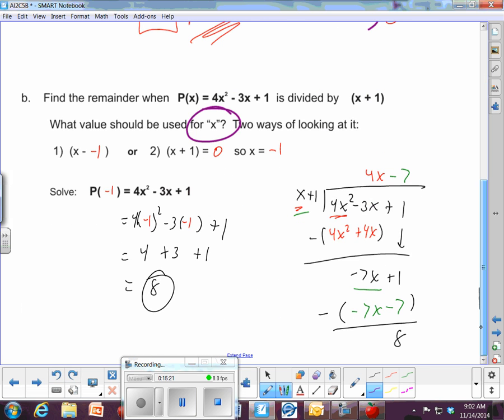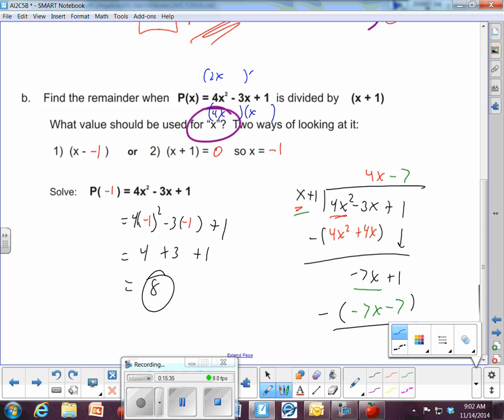If you tried to factor this second example, first off, you're going to try 4x and x, or 2x and 2x. Two possibilities. You got to use -1 and -1. There's no choice. Does that even work? You get a -2 and a -2.